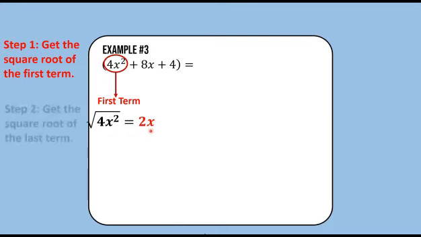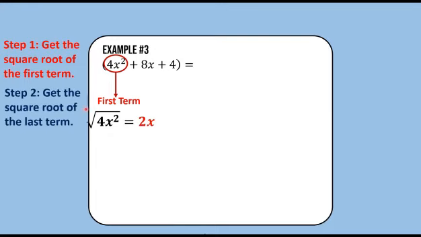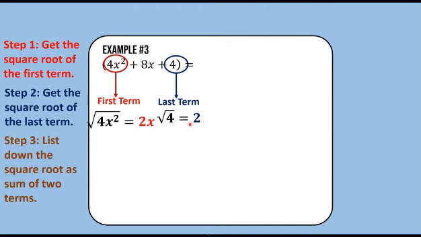Now let's proceed to step number 2. Get the square root of the last term. Our last term here is 4. Since the square root of 4 is 2, then we have both square roots of the first and last terms. We can proceed to step number 3.